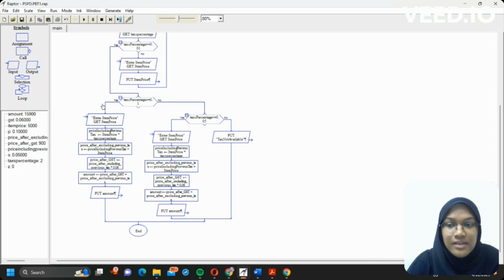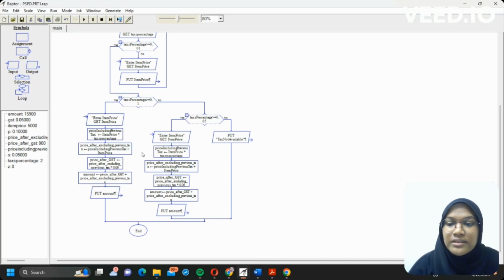If it is yes, it will go to the input, enter item price, and then go to the next assignment: price including previous tax equals item price multiplied by tax percentage, and next price after excluding previous tax equals price including previous tax plus item price.